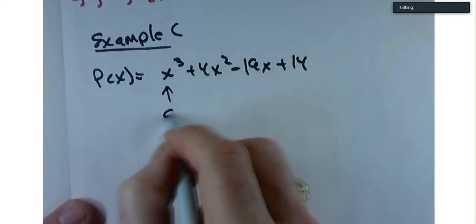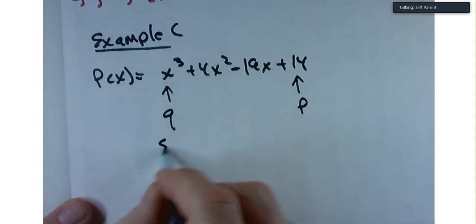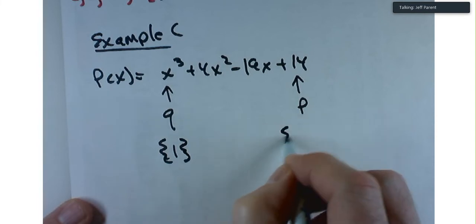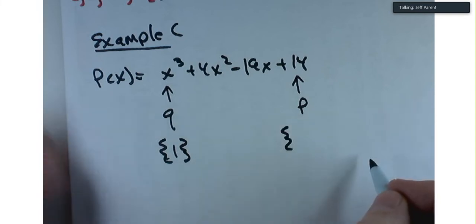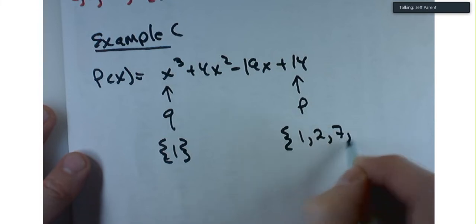I mean, this would be your q, that would be your p. The nice thing here is that q is just 1. There's not a whole lot of things that go into p, right? 1, 2, 7, and 14.